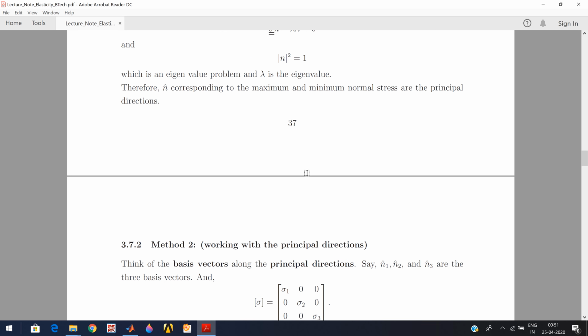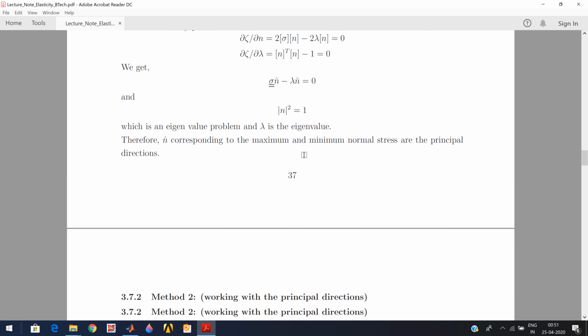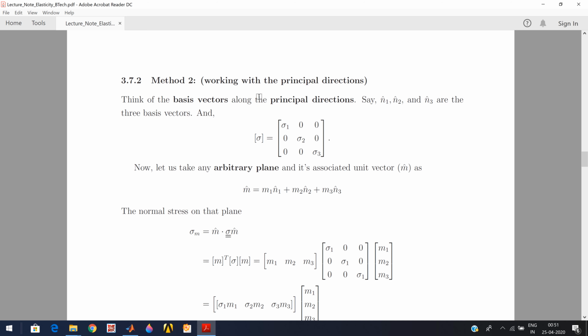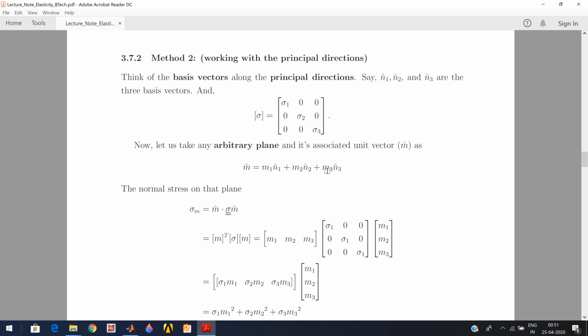I'll just explain the second one, and you can go through the others yourself. Method 2 is discussed for both extreme values of normal stress and shear stress, so it is a common method also applied to shear stress.